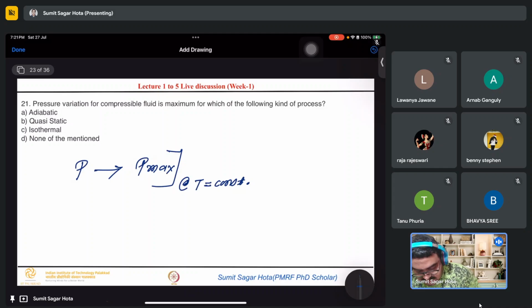So when the pressure is rising to the maximum value, that means the system will be compressible or incompressible? Obviously it will be a compressible system. So we are using a fluid which can compress.